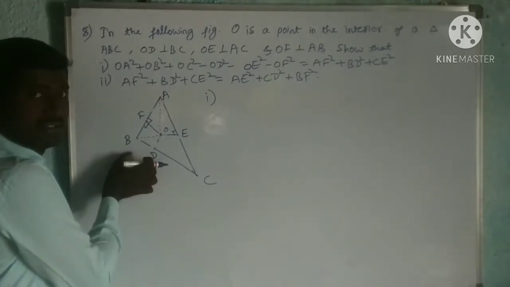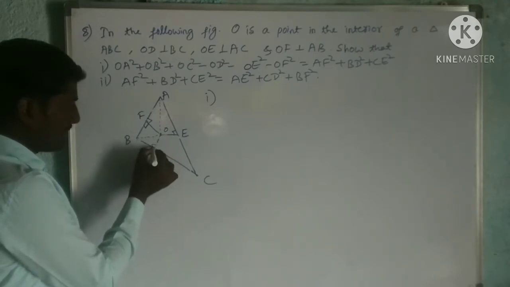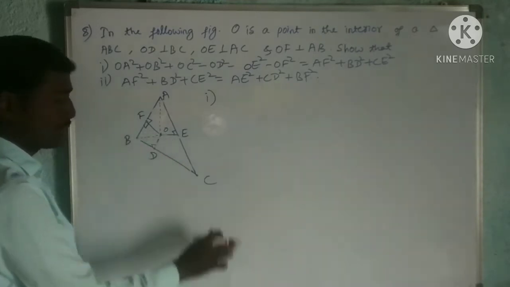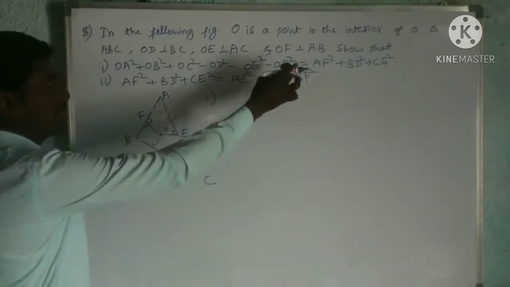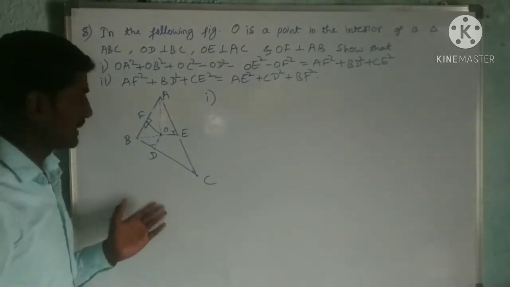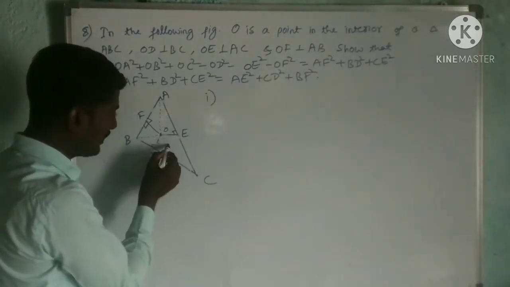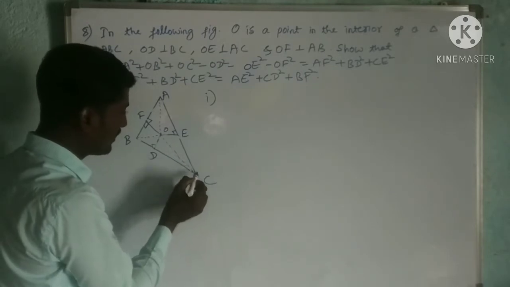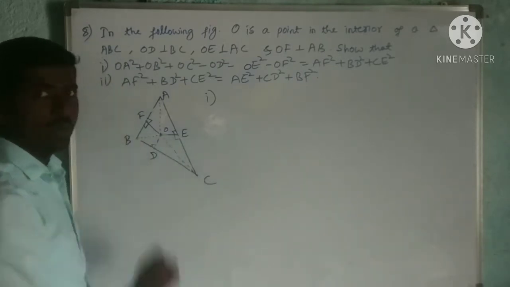This is 90 degrees because OD is perpendicular to BC, so in right angle triangle ODB, I can get BD square by applying Pythagoras theorem. Similarly for CE square, I have to join OC. I got one more right angle triangle, that is CEO.